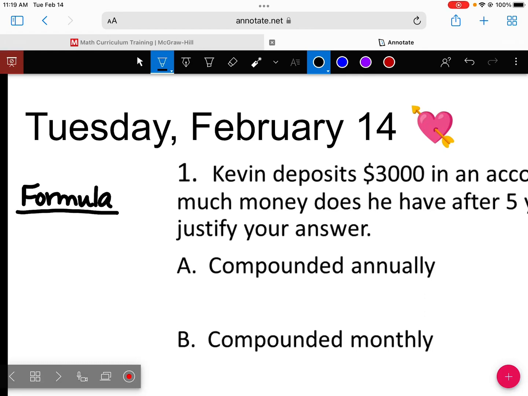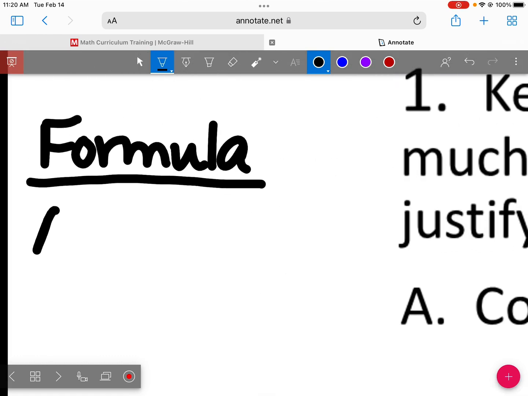All right, let's start talking about the bell work. So I want to figure out first, what formula are we going to use for each of these parts, A, B, and C? On number 1, what formula should we use? A equals P, and then what?